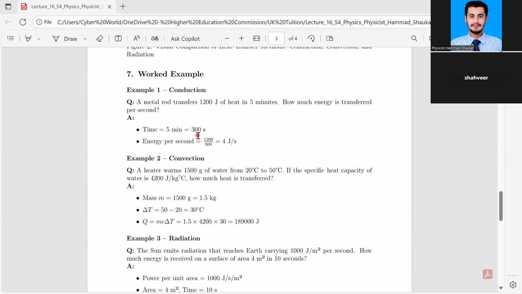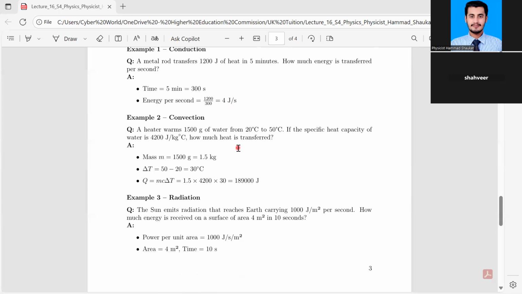And you have to find the energy per second, so you have to take the ratio. The energy given is 1200, so 1200 divided by 300, which is the time. So you will get your answer, which is energy per second. It means the energy per second transferred to the metal rod is 4 joules per second. Because the energy is in joules and is divided by time, and time is in seconds, the final unit is joules per second.